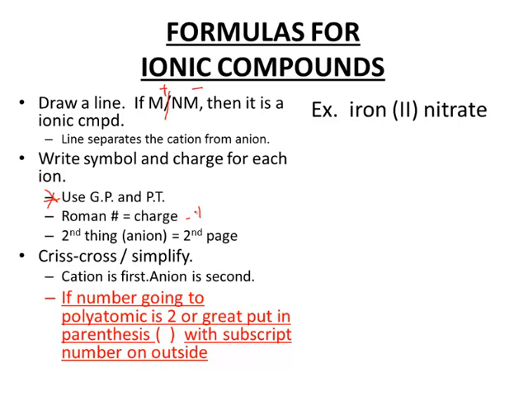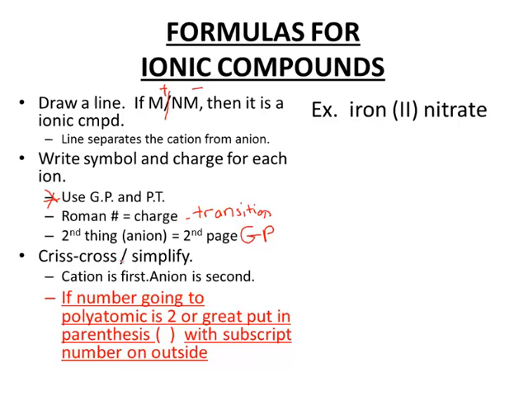That's again for our transition elements. The second thing, the anion, is on the second page of your gold packet. A lot of times you can hear it: second thing, second page. The anion's the second one, on the second page of your gold packet.